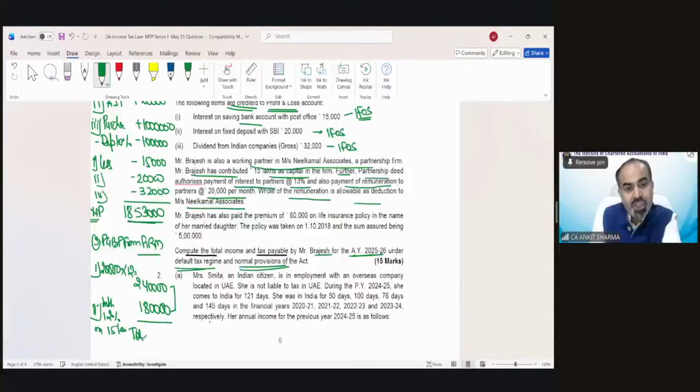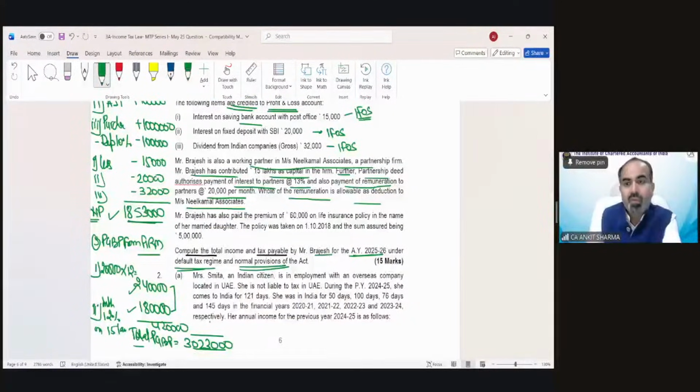The total PGBP income after including the section 10AA business, the warehousing business profit, and this 2,40,000 and 1,80,000, this would be 4,20,000. After adding all, the total PGBP income would be 30,23,000.